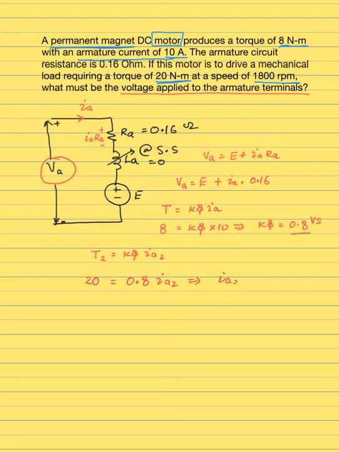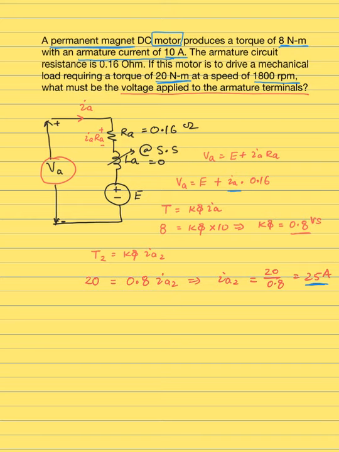So we can calculate IA2 for 20 Newton meters of torque and 1800 RPM speed: 20 divided by 0.8, and that gives us 25 amperes of current. So this IA2 is basically the current IA, 25 amperes.